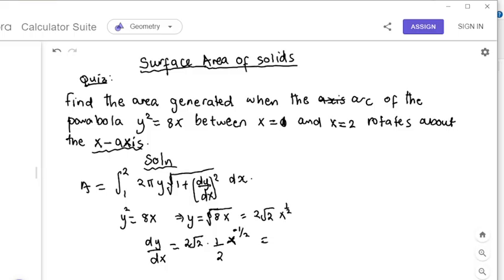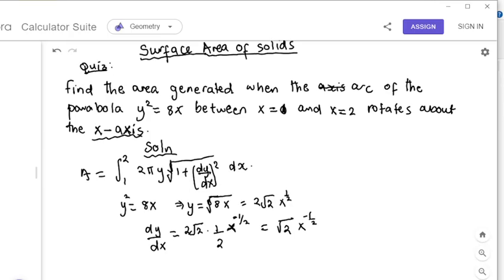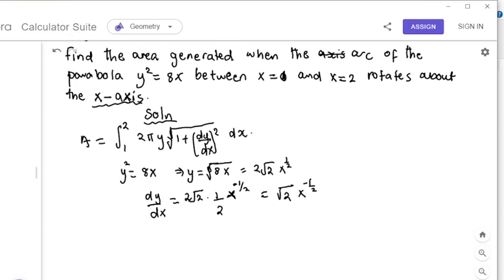That leaves us with root 2 x to power minus a half. That's our dy/dx. But remember, in the formula it is squared, so we square.